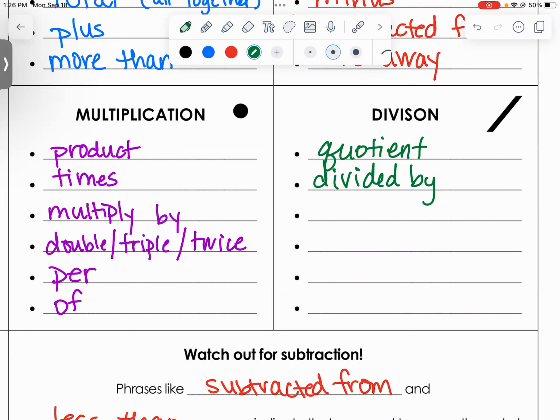What else? That's kind of like divided by. Ooh, I like that. Half, third, etc. Right? Okay, some sort of fraction.